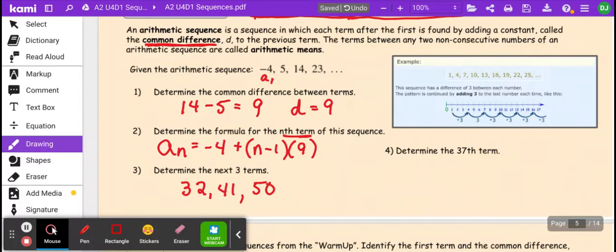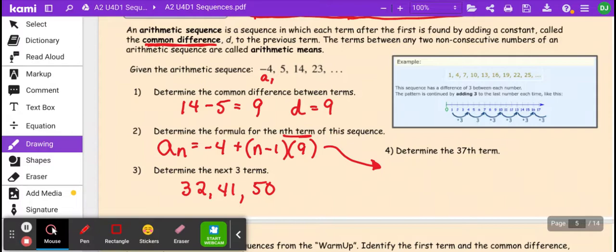But now look at question 4. I don't want to sit here and have to go up to, because I'd lose count where the 37th term is, and keep going +9 in my calculator. Well, I'd mess that up too, and then I'd have to start all over. And you'd hear some not nice words probably coming out of my mouth at that point because I'd be frustrated.